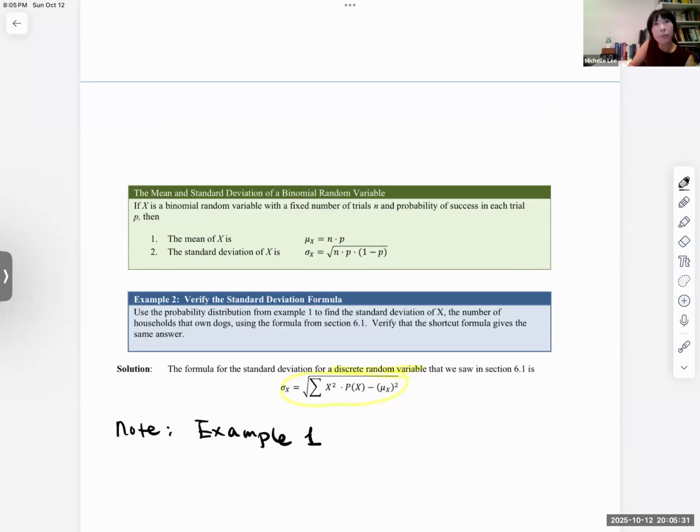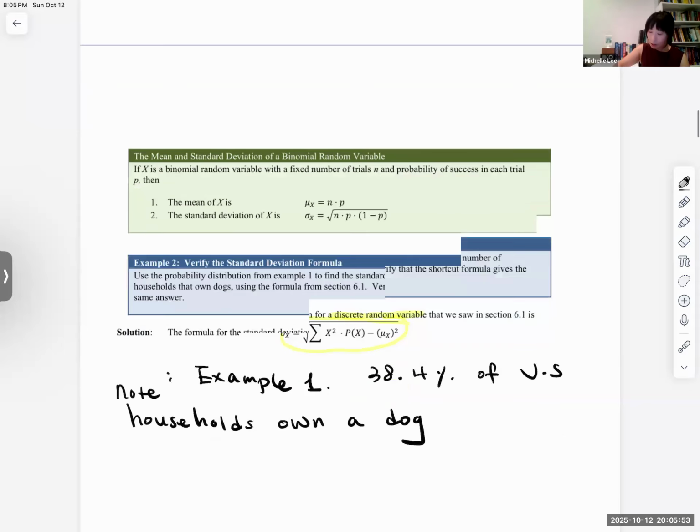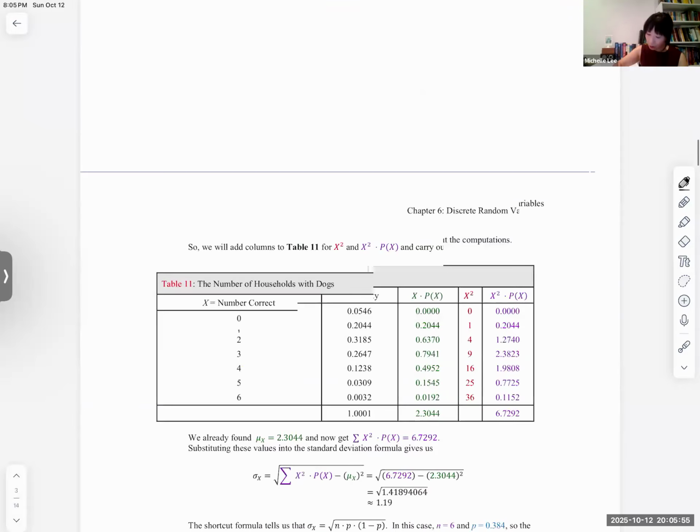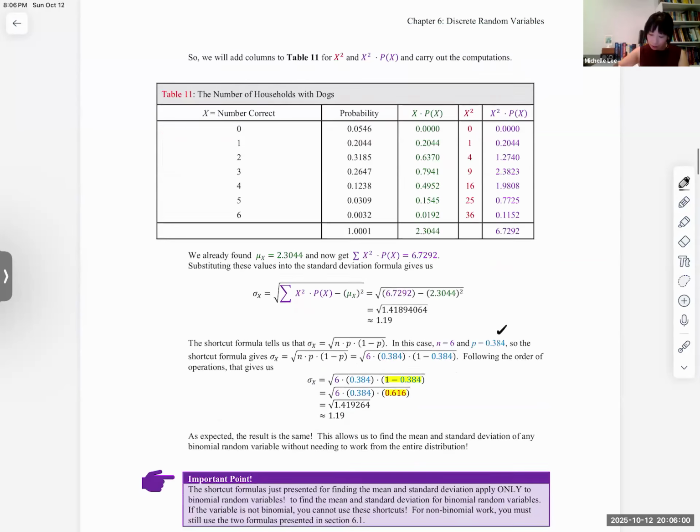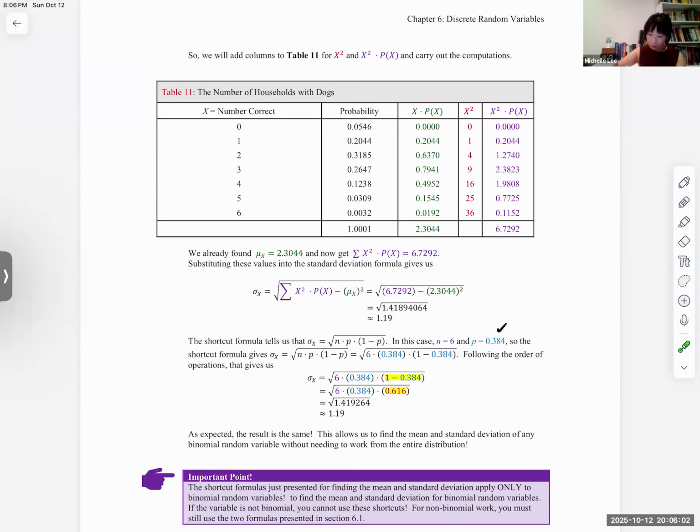They said that 38.4% of US households own a dog. That's how we get the probability 0.384. So we substitute all those numbers, and we get 1.19.